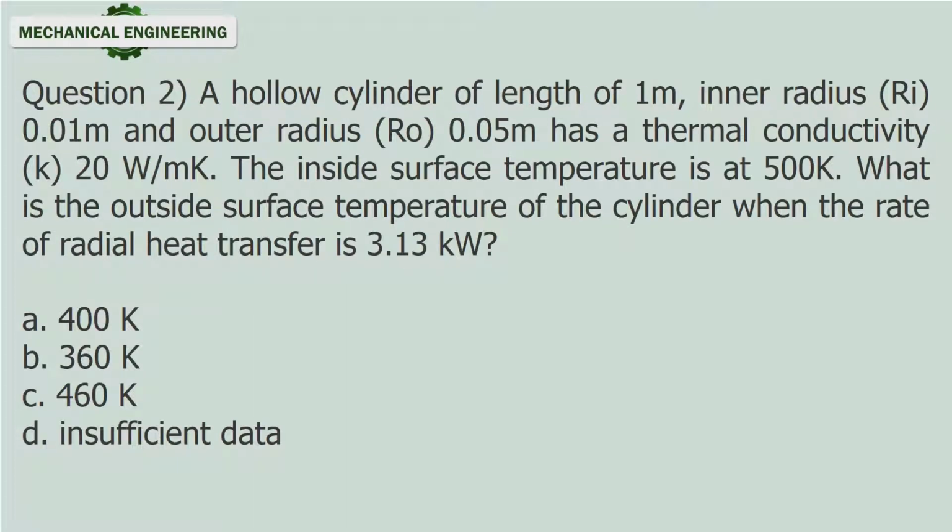Question 2. A hollow cylinder of length 1 meter, inner radius 0.01 meters and outer radius 0.05 meters has a thermal conductivity K of 20 W/mK. The inside surface temperature is at 500 K. What is the outside surface temperature of the cylinder when the rate of radial heat transfer is 3.13 kilowatts?